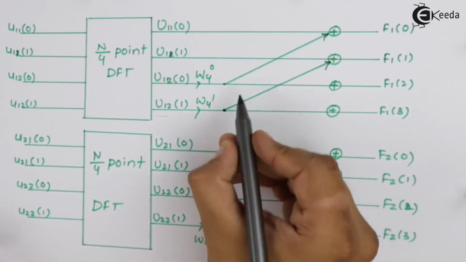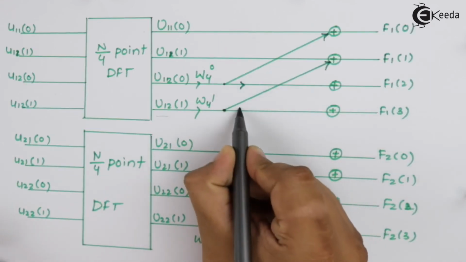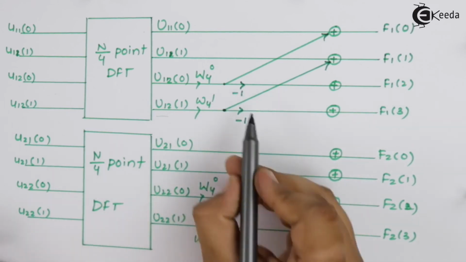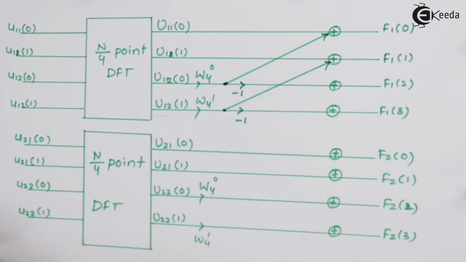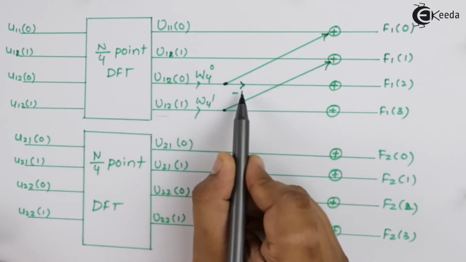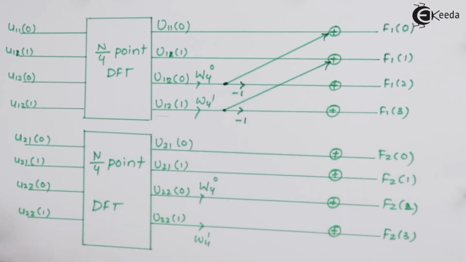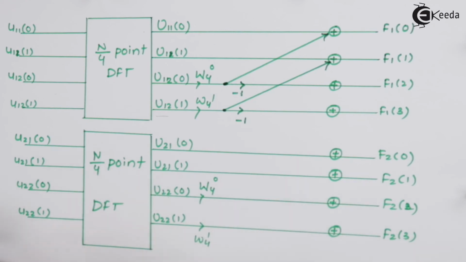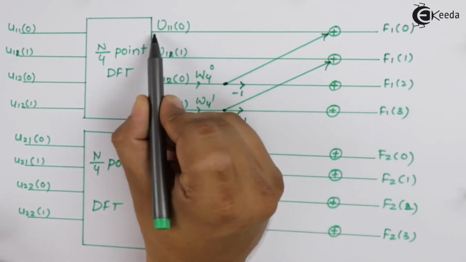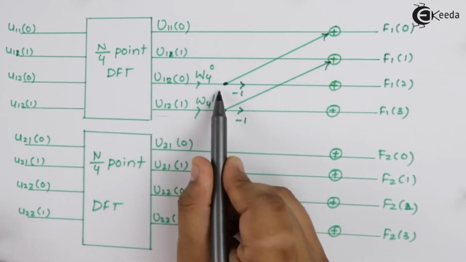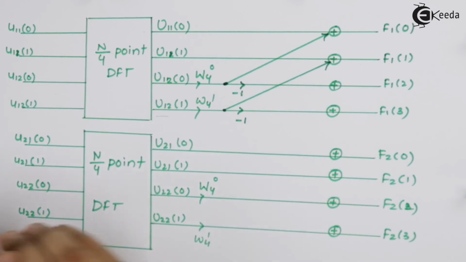So as I said, if I multiply a minus sign, but after this dot, then this whole product after this dot is multiplied by this minus 1. So minus into plus, the answer is a minus. So automatically, if we connect the u11 of 0 value over here, then this whole product term gets subtracted from u11 of 0.